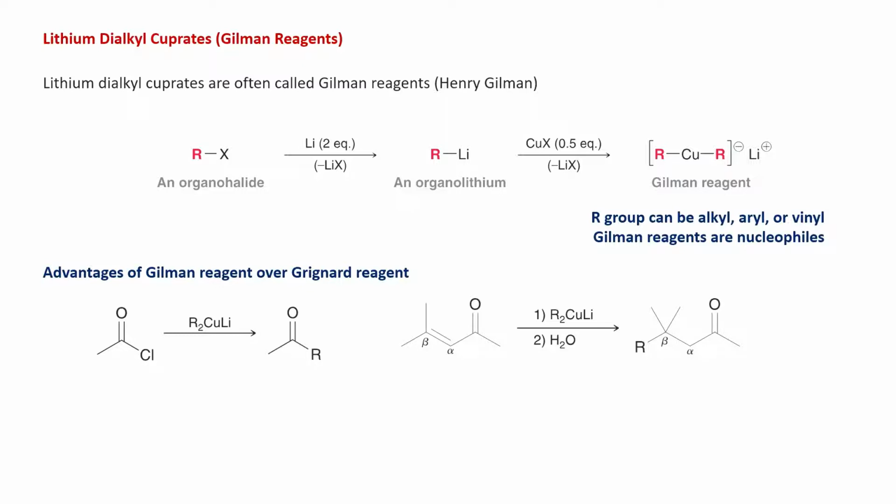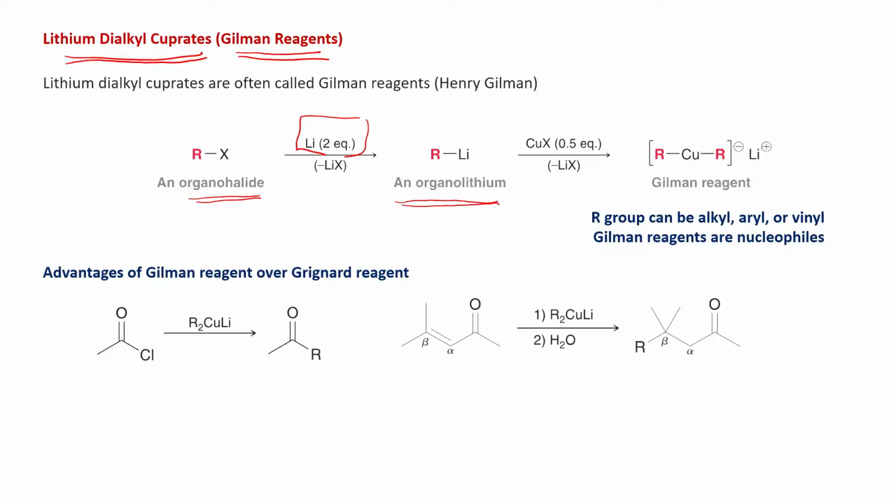Now another organometallic compound is lithium dialkyl cuprate, which is also known as a Gilman reagent. When you treat organohalide compound with 2 equivalents of lithium, you will get an organolithium compound.